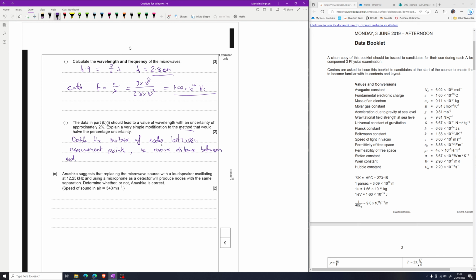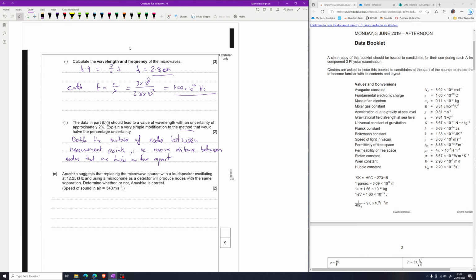Obviously our resolution stays the same, so increasing the size of what we're measuring is going to halve our percentage uncertainty.